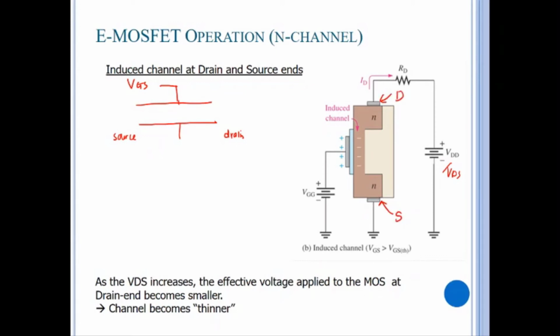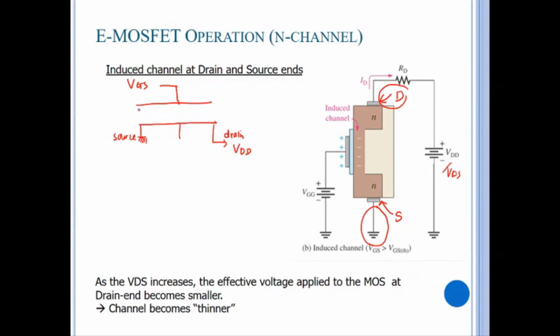You see here the source is connected to the ground. How about the drain? The drain is connected to the VDD. So the effective voltage across the capacitor will be different at points along the source and the drain.